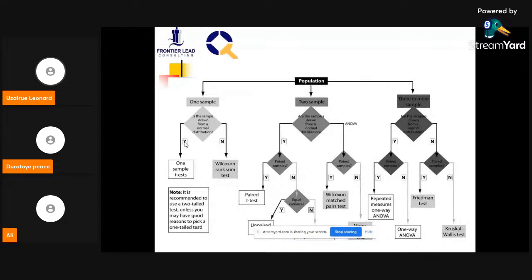When we say paired sample, we are talking about, for example, you have one population, let's say males, but you take one sample from the same individual. Then after some time, you take another sample running the same analyte. Example of this is your 2 hours postprandial test to determine diabetes, for example.